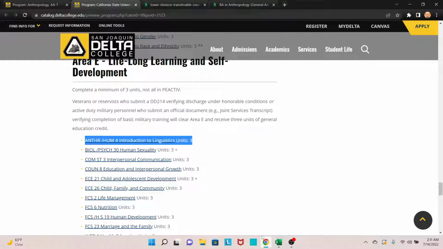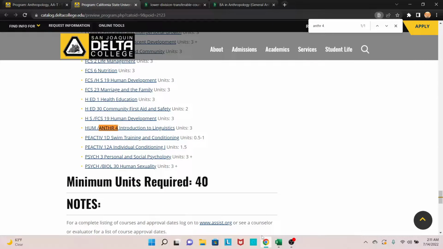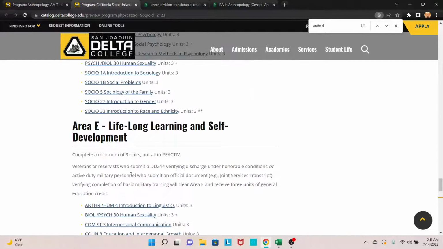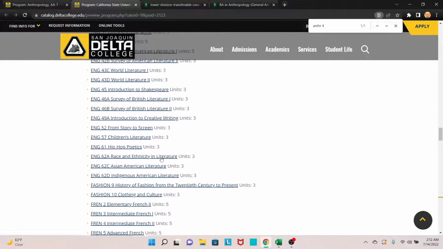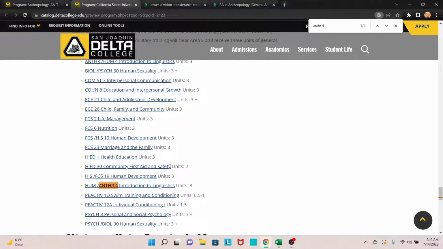Assuming it counts towards like area B or area C most likely. Actually, let's just look this up. Anthro 4. So this is required in area E. Oh, it does not fulfill any other general ed up here. Okay. So it would double count here.